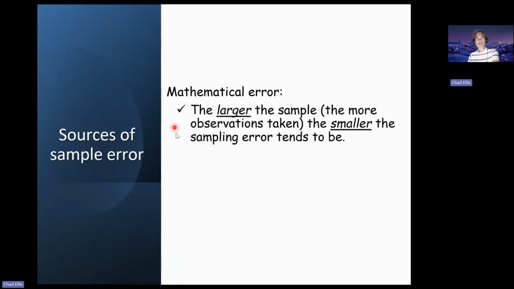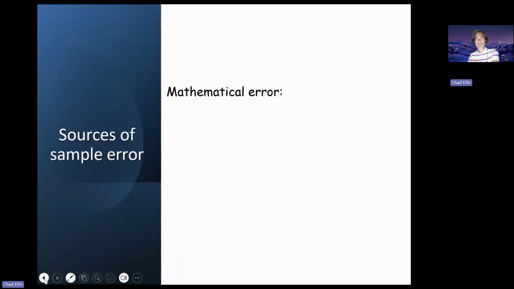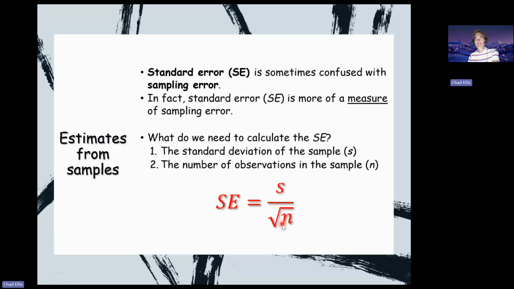So a couple of things are going to affect the size of this mathematical error. Again, the larger the sample that we take, the higher the n, usually the smaller the sampling error is going to be. Again, if we go back to the standard error, we can see that if we start to increase n here, that's going to decrease the SE, the standard error. Also, what's going to affect it is if the standard deviation of the sample is smaller, meaning that there's less variation out there.